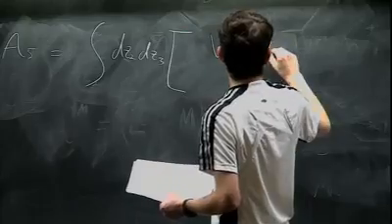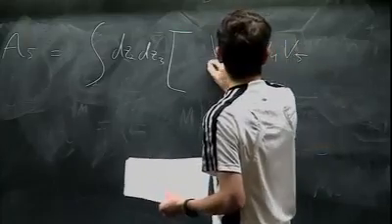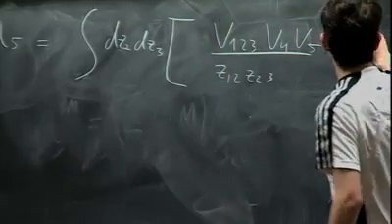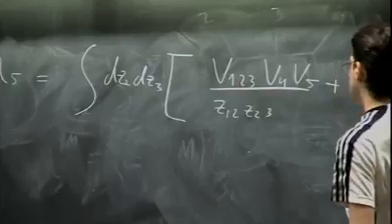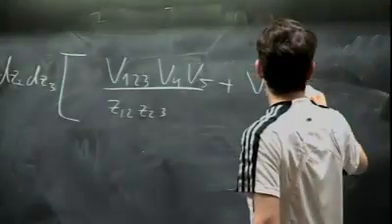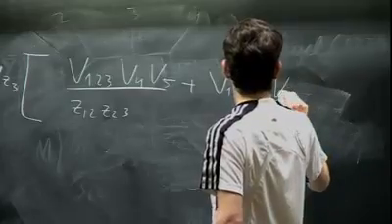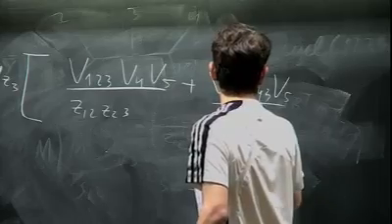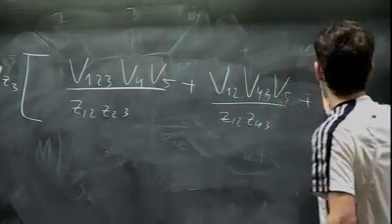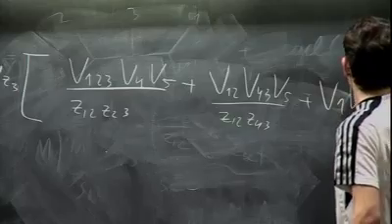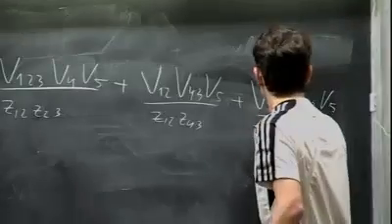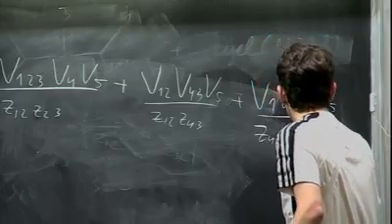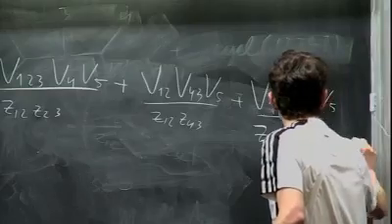It's V123, V4, V5 over Z12, Z23 plus V12, V43, V5 over Z12, Z43 plus V432, V5 over Z43, Z32 plus the permutation of 2 goes to 3.